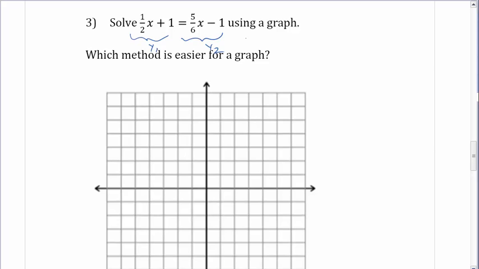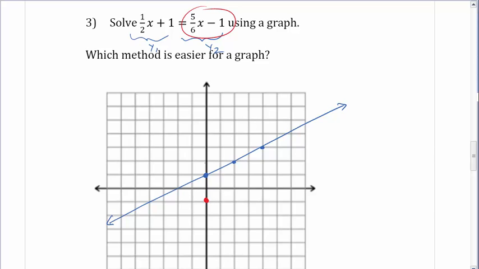So the first one, 1/2 x plus 1, has a y-intercept of 1 and a slope of 1/2. Let me draw that one in. And the second one has a y-intercept of negative 1 and a slope of 5/6.